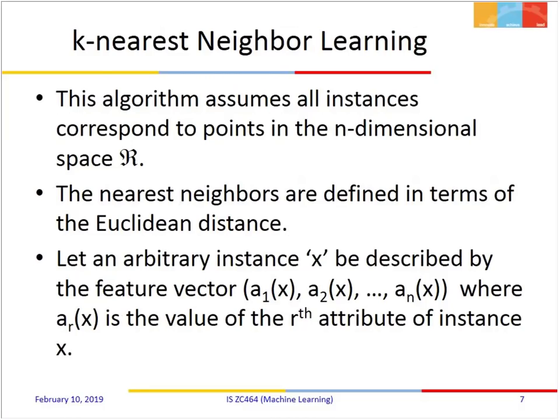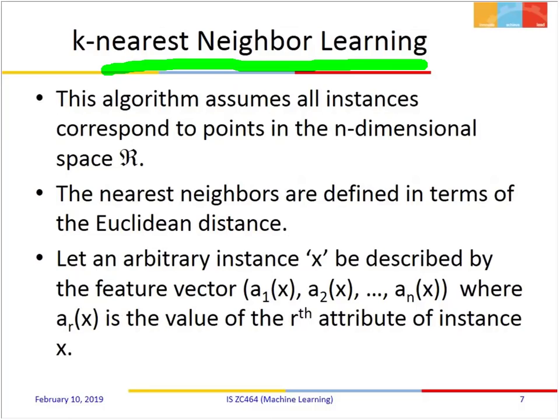You've already seen that whenever we have an instance or an observation, we represent these observations for a classification problem in the form of the pair of x and y data.